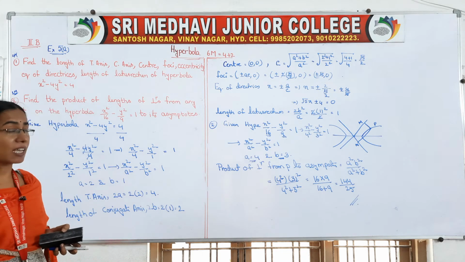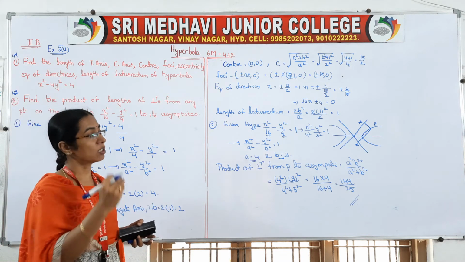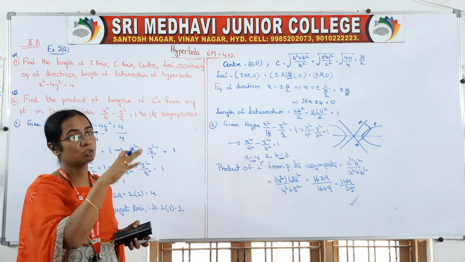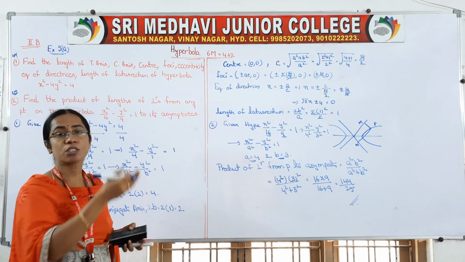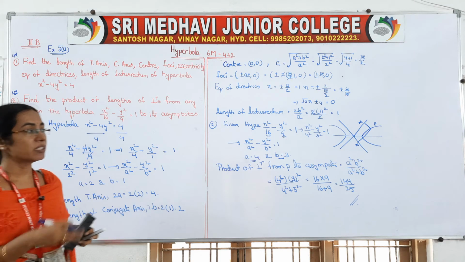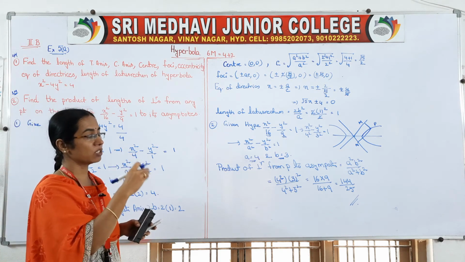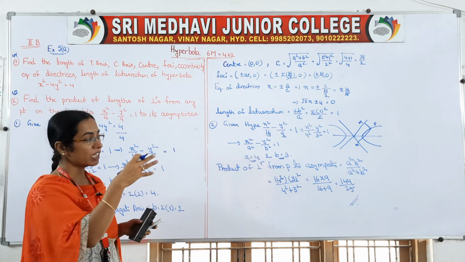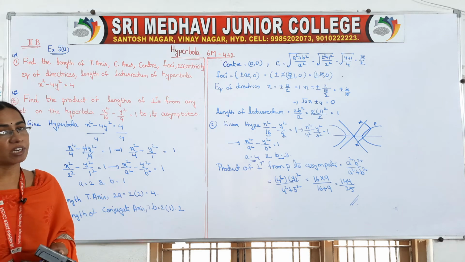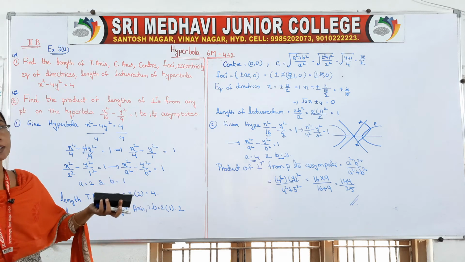We derived that the product of the perpendiculars from a point on the hyperbola to the asymptotes is equal to a constant. That constant value is a square into b square by a square plus b square. So we can consider that as a formula now, right? Once we derive anything, we can consider it as a formula.